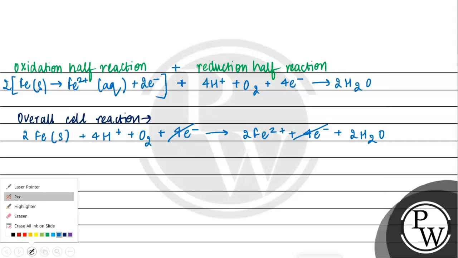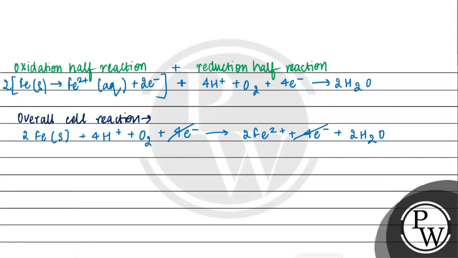The ferrous ions are oxidized further by atmospheric oxygen. हमें पता है एटमॉस्फेयर में भी ऑक्सीजन प्रेजेंट है, तो फेरस आयंस again oxidized by atmospheric oxygen.